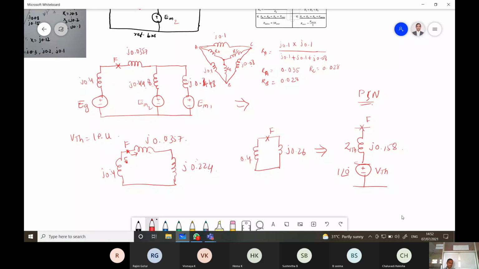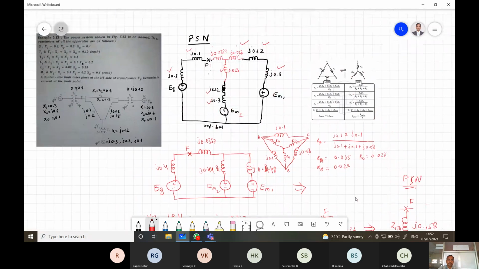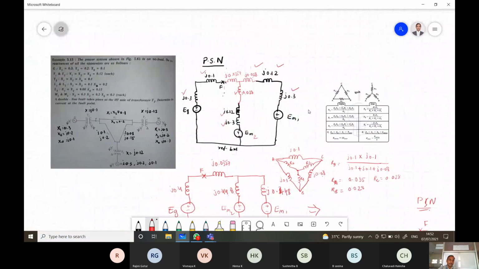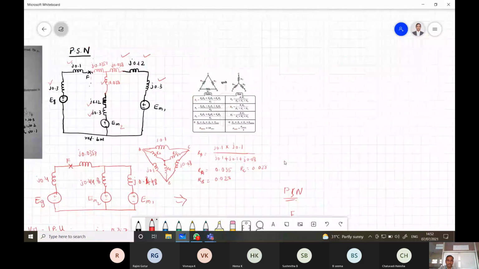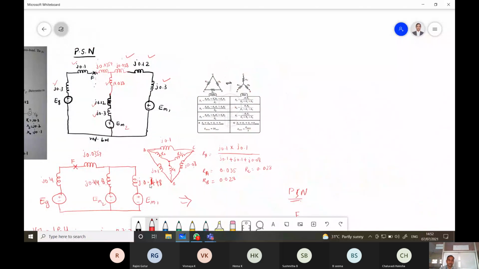Similarly, write the negative sequence network. What are the changes taking place in the negative sequence network? Sorry, the voltage source does not come into the picture in the negative sequence network.